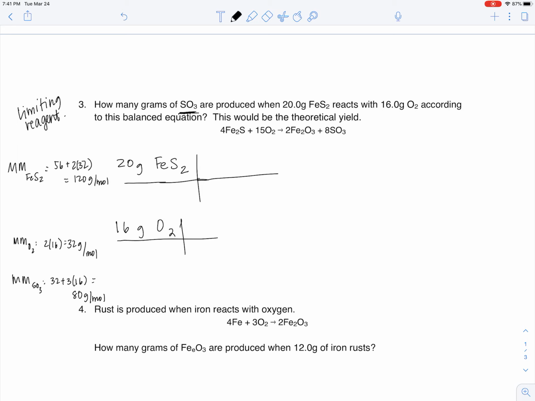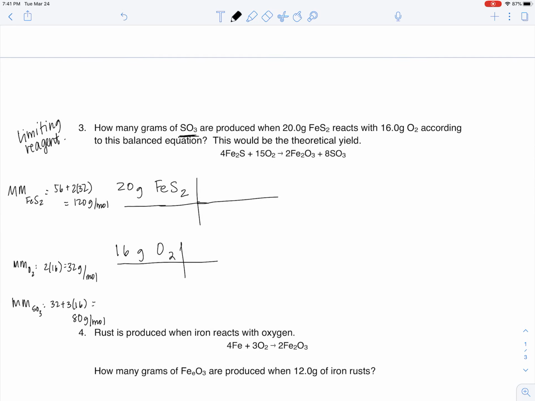So we're doing 2 stoichiometry problems. 20 grams of iron 4 sulfide. I'm calling it iron 4 sulfide, by the way, because that means the iron has the charge of 4. 1 mole is 120 grams. Now we have to use our mole ratio: 4 moles of FeS2 over 8 moles of SO3.